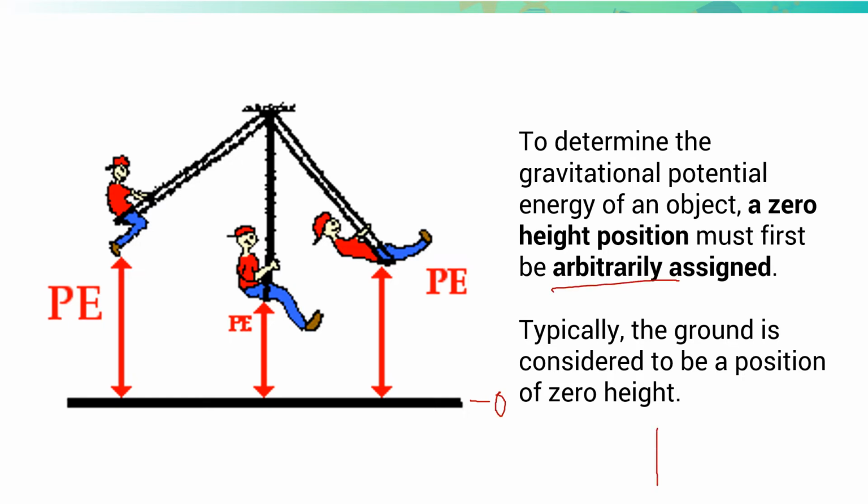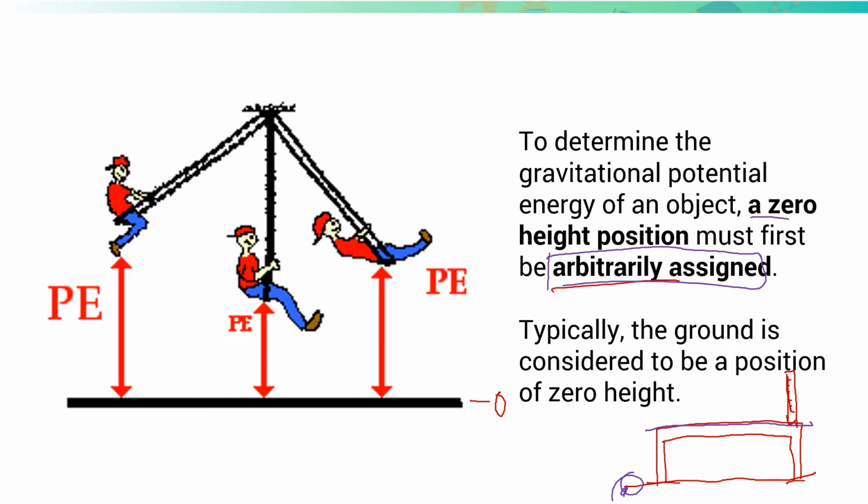Kasi for example, if your situation is at a table and dito nag-start yung inyong measurement at the top of the table, you should not use the ground as your zero height position because according to your problem, that's the table. So it depends on the situation.